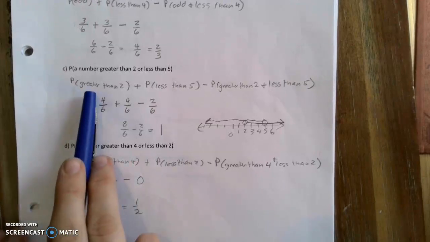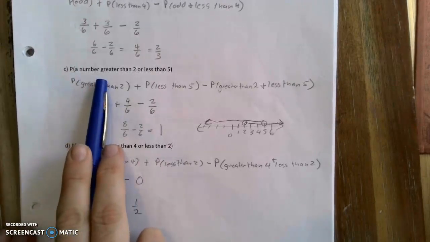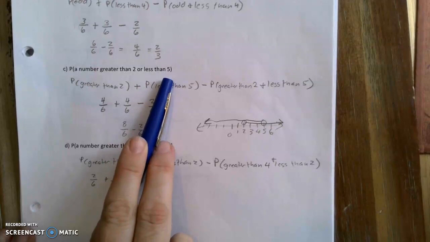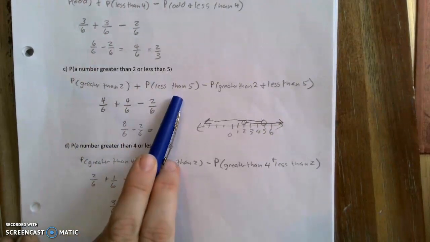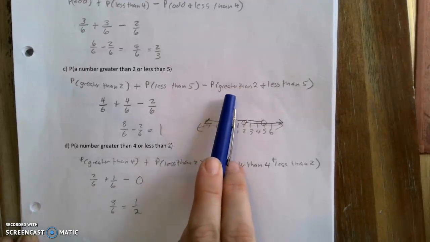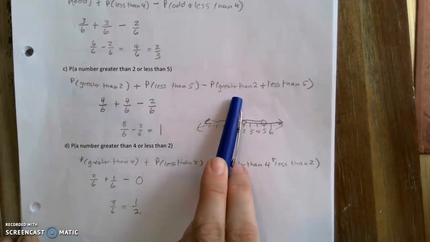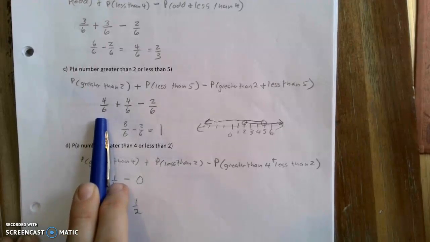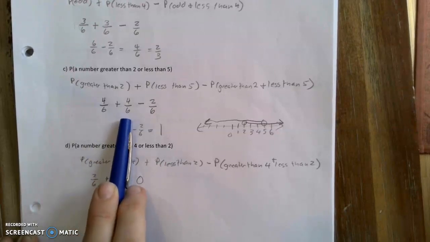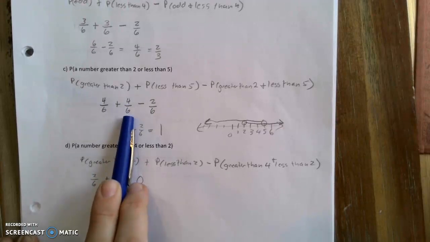For part C, probability of a number greater than 2 or less than 5. So P greater than 2 plus P less than 5 minus P greater than 2 and less than 5. Greater than 2, we have 4 situations there: 3, 4, 5, 6. Plus less than 5: 1, 2, 3, 4. Again, 4 out of 6.